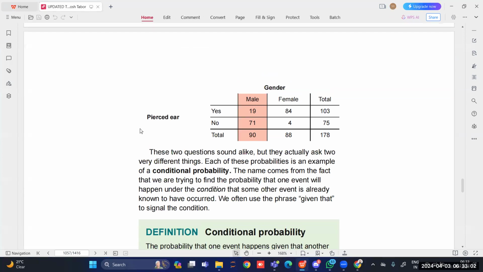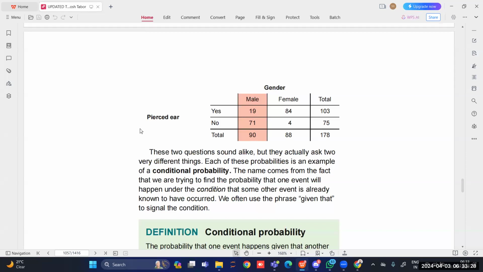This is how we have to calculate. These two questions sound alike, but they actually ask two very different things. Each of these probabilities is an example of conditional probability. The name comes from the fact that they are trying to find the probability that one event will happen under the condition that some other event is already known to have occurred. First we consider that the first event, choosing a male, has already occurred.